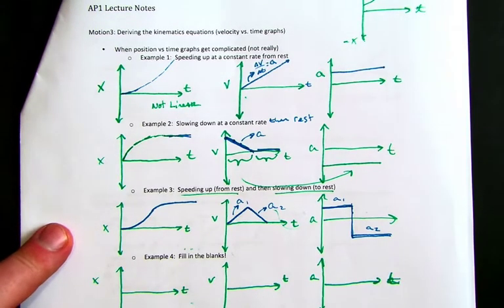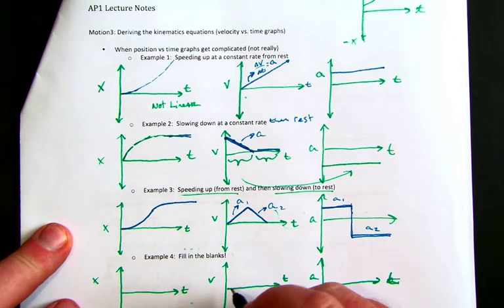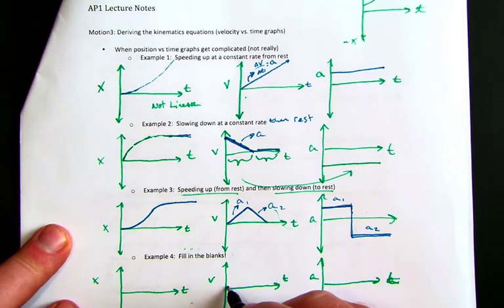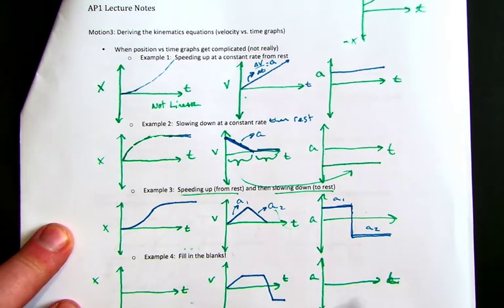Okay? So let's say I give you some kind of weird graph that looks like this, and then maybe like this, and then maybe like this, and then maybe something like that. Okay? So based on this, can you now fill in the other ones?